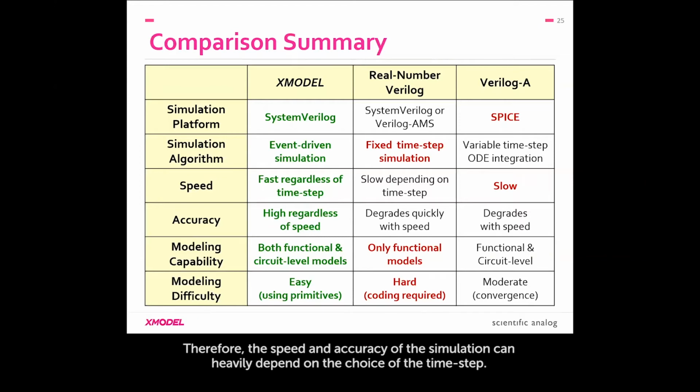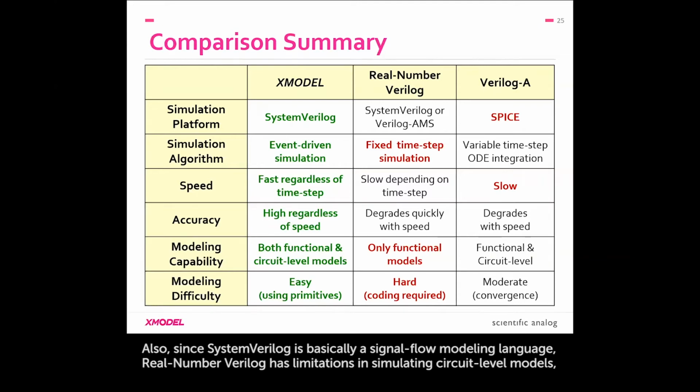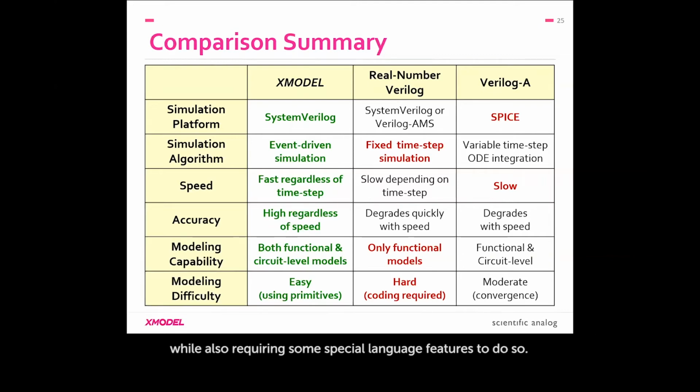Therefore, the speed and accuracy of the simulation can heavily depend on the choice of the time step. Also, since SystemVerilog is basically a signal flow modeling language, real number Verilog has limitations in simulating circuit-level models while also requiring some special language features to do so.